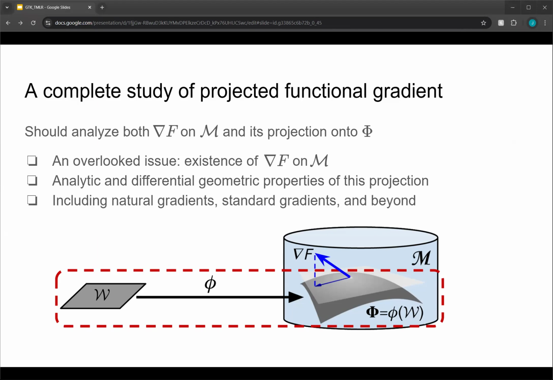As we will see, our unified framework and analysis apply to natural gradient, standard gradient, and beyond.